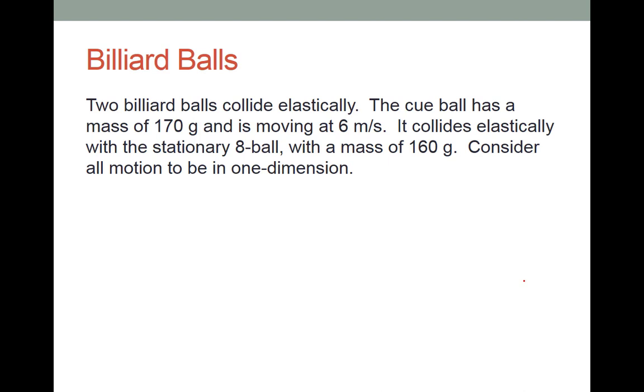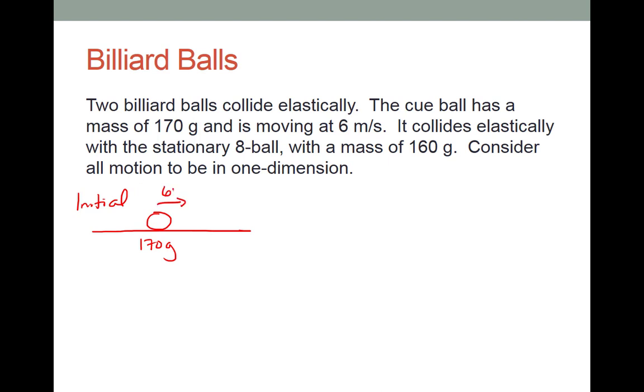Okay. We have one more elastic collision example. This one involves billiard balls. So rather than reading it all to you this time, I'm just going to start by illustrating it. We have the cue ball. The cue ball has about 170 gram mass and is moving at 6 meters per second.